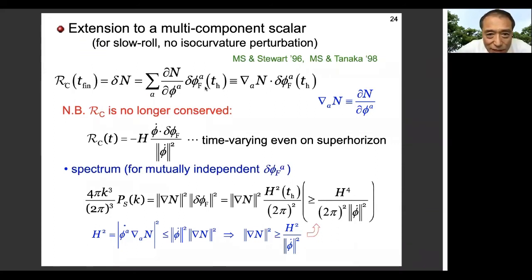Well, as I said, the fluctuation in delta n, because the initial slice is flat, the fluctuations always come from the initial slice, essentially the difference of the fluctuation on the initial slice. So this delta phi is evaluated at the initial flat slice. So that's the point.